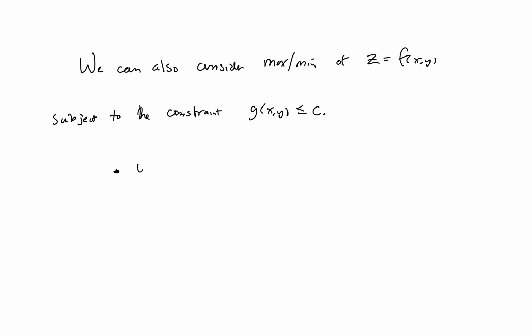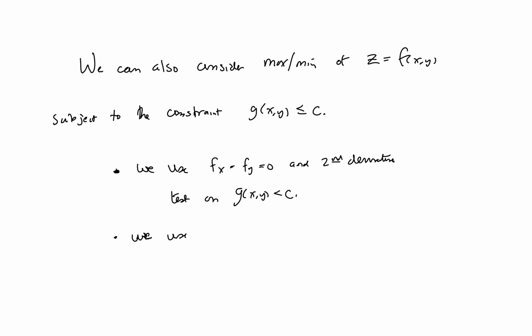Well, we find the critical points where f_x and f_y are equal to 0, and use the second derivative test that we saw before, on the open region where g(x,y) is less than c, and then we use Lagrange multipliers on the boundary.